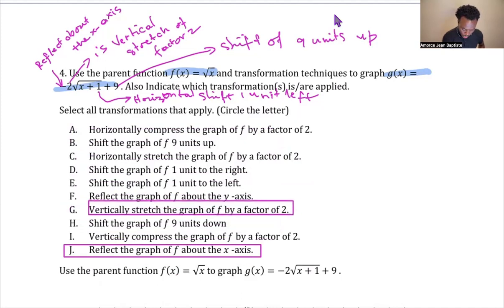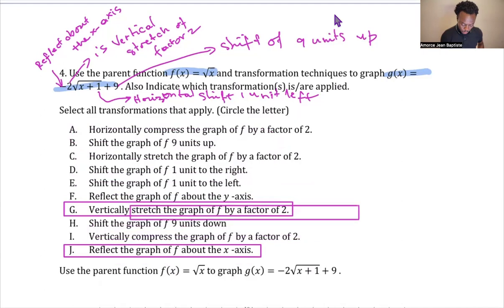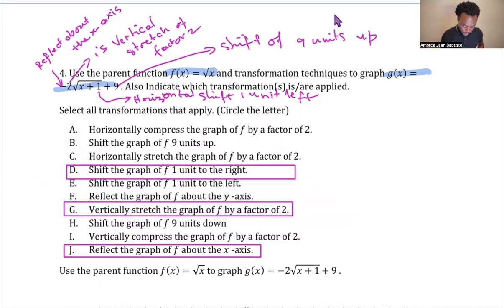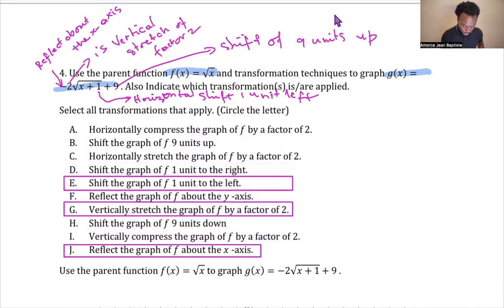We have a horizontal shift left. And then last, we have a shift up of 9 units.